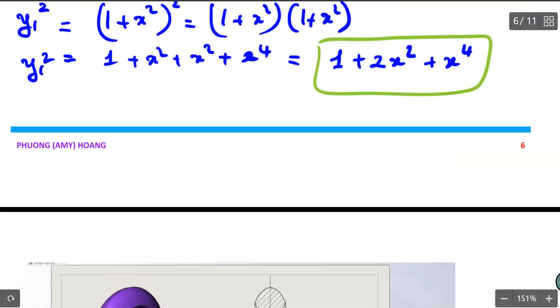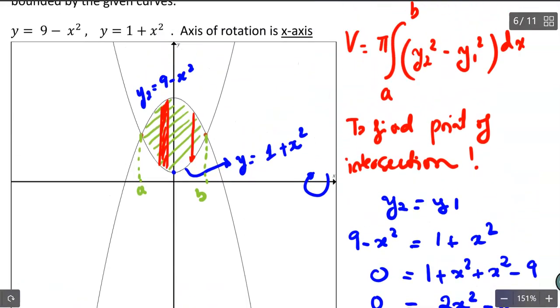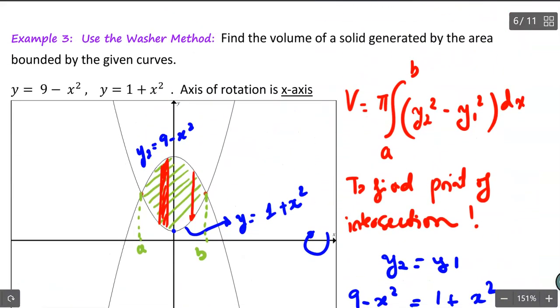We just follow the formulas given to us. How do we recognize the upper function and the lower function? Shade in the area and draw the vertical element to see the upper function is here and the lower function is there.